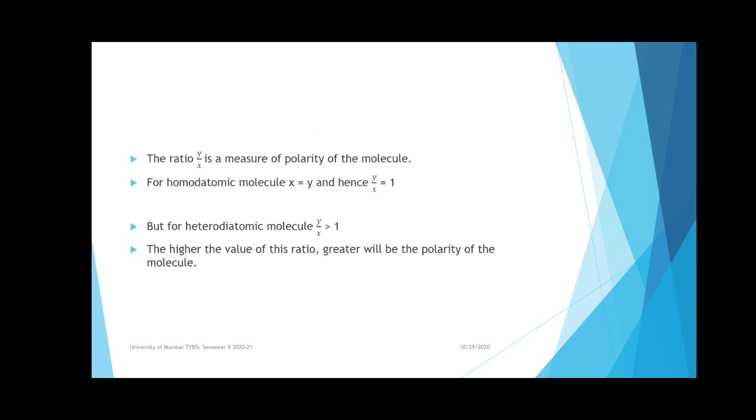That means the difference in electronegativity is 0 between the two atoms of an element, and y upon x is equal to 1. But for a heteronuclear diatomic molecule, y upon x is always greater than 1. Therefore, the higher the value of this ratio, the greater the polarity. As the ratio increases, the polarity also increases.